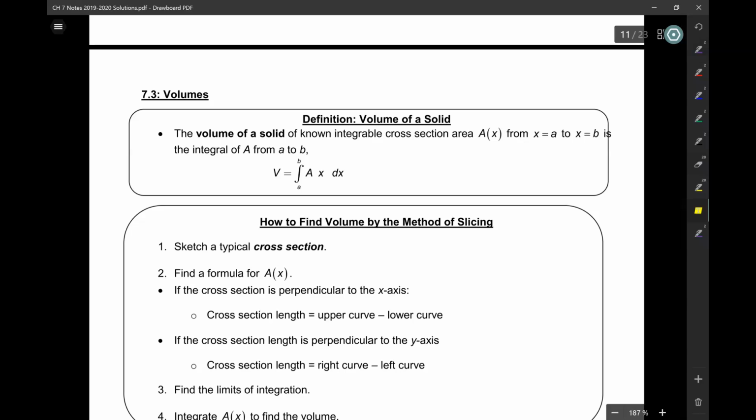So what we do in order to find the volume is, suppose you have a function f of x, and then suppose you have a function g of x, and let me make g of x look different here, okay?